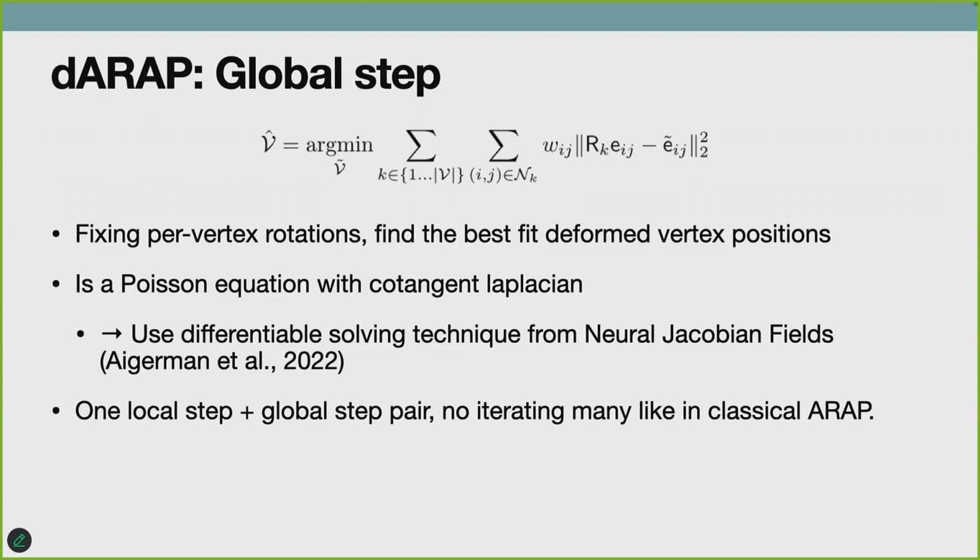Our DARAP method is meant to be part of the forward pass in a larger optimization or a neural pipeline, and as such, we do not iterate the local and global steps as we do in classical ARAP optimizations. Instead, we just rely on gradient descent to optimize the deformation quantity, which is, in our case, per-vertex normals, to attain the desired deformation in one pass. We adjust the lambda hyperparameter to allow the required strength in this one iteration.